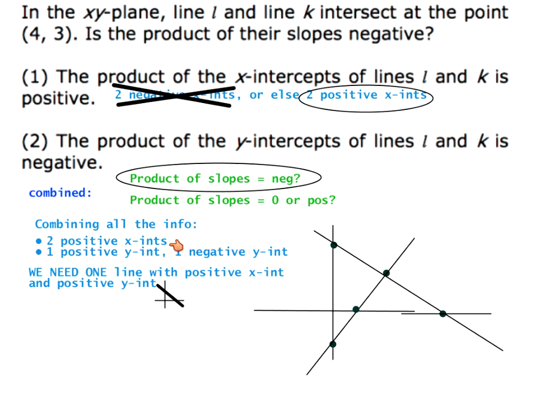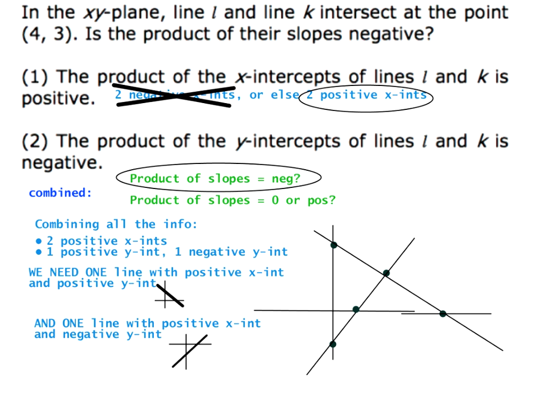But the other line's got to have a positive x-intercept and a negative y-intercept. So that's going to have to hit the y-axis below and the x-axis to the right. So it's going to have to look like this.